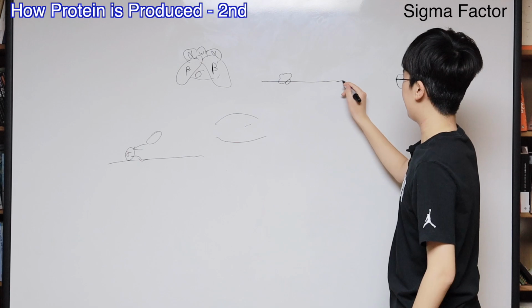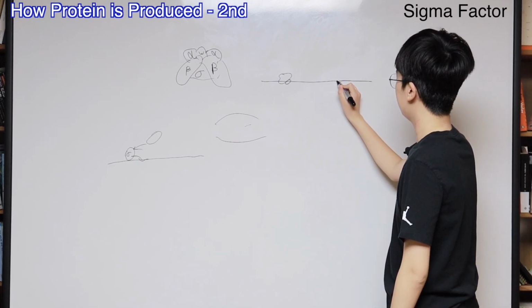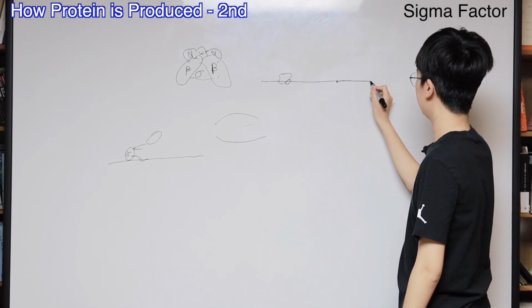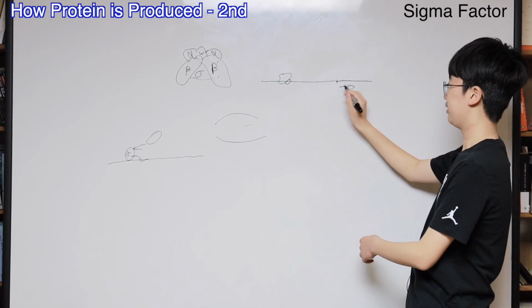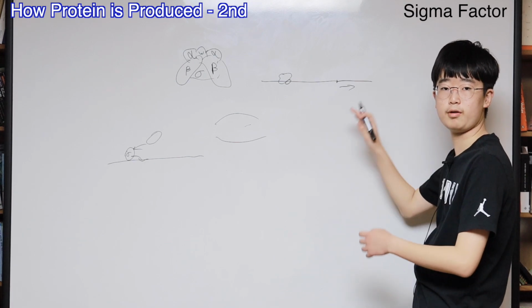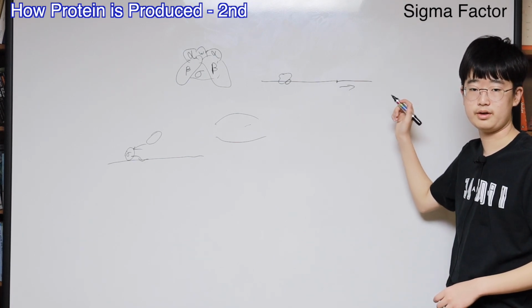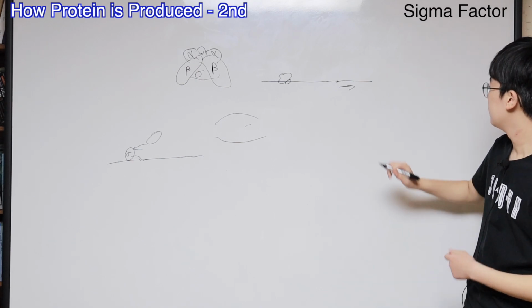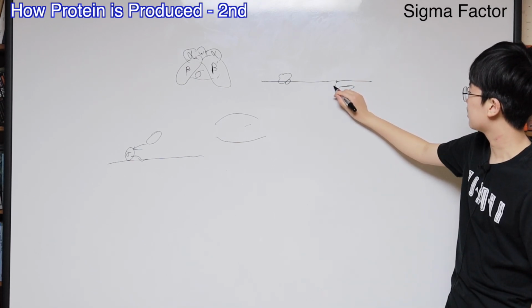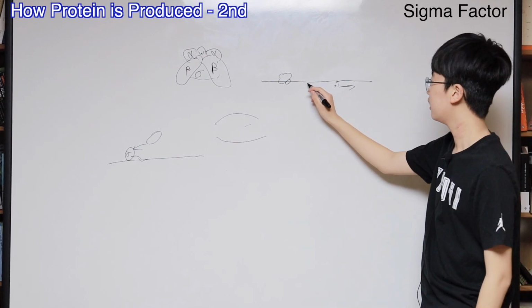So, let's say from this point is the part of the gene that has to be transcribed. Let's call this position +1.